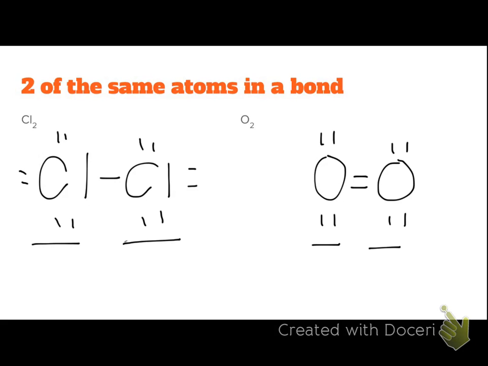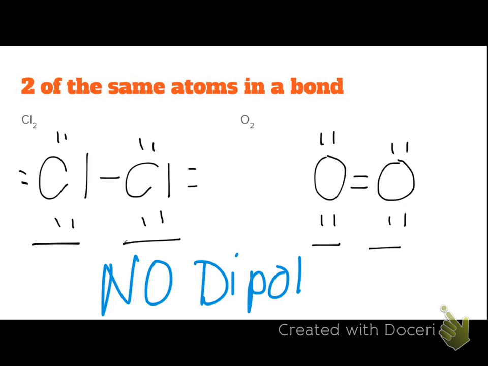So what we say when we have two things of the same atom bonded together is that it has no dipole. So there is no polarity in this because one of these chlorines is not going to share the electrons unevenly with another chlorine. Neither one has, I guess, that power to hold on to the electrons more.